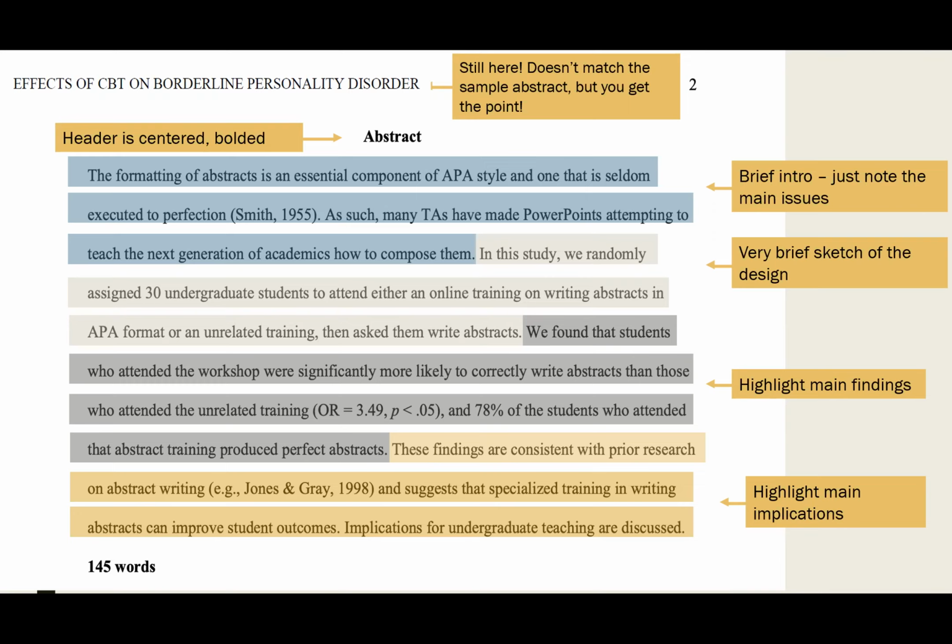For example, of course, it depends on what the hypothetical paper finds, but an example could be "university-wide adoption of training in abstract writing for undergraduates may result in overall higher grades in classes that require term papers." So you actually are stating what the implications could be if you wrote that sentence. And it's 145 words, so it sticks to the limits for this class's abstracts.